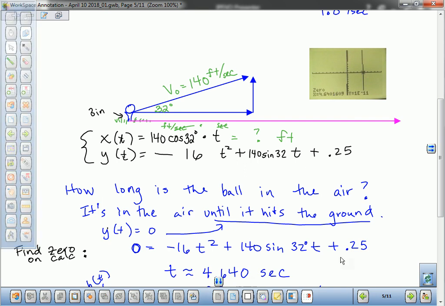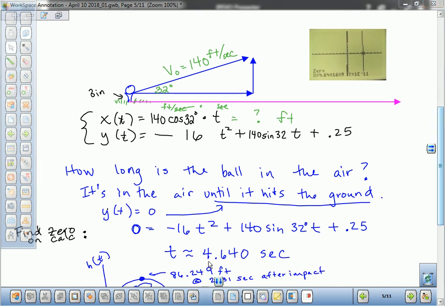Our time, which was our x in this case, is 4.64 seconds. Yeah, I didn't get that. I got like 2.95. Did you type it in degree mode? Yes, in degree mode. It's not parametric. It's in regular. Yeah, okay. The X is right outside of that.